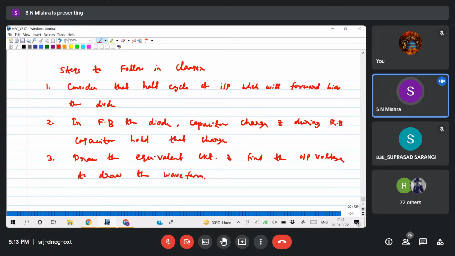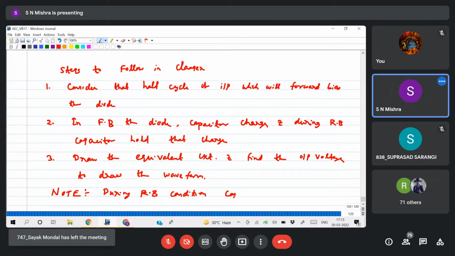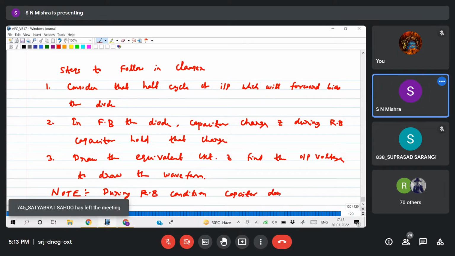You have to note here that during the reverse bias condition the capacitor does not discharge.